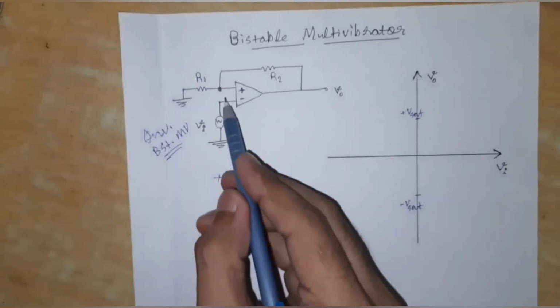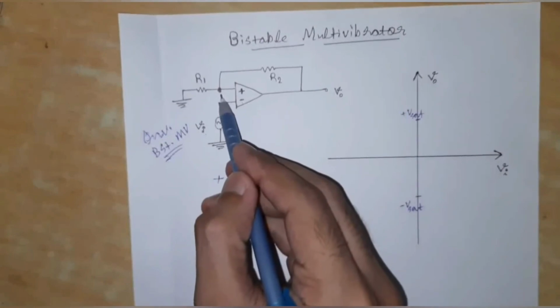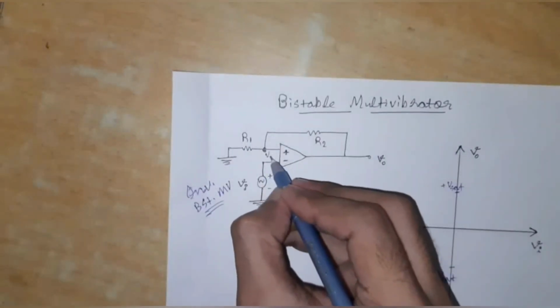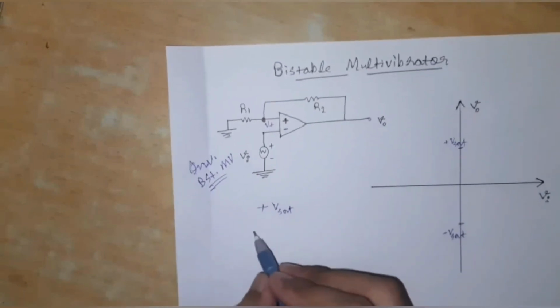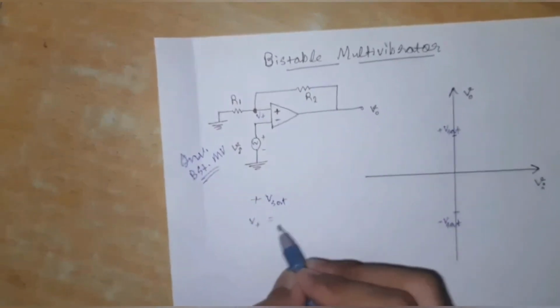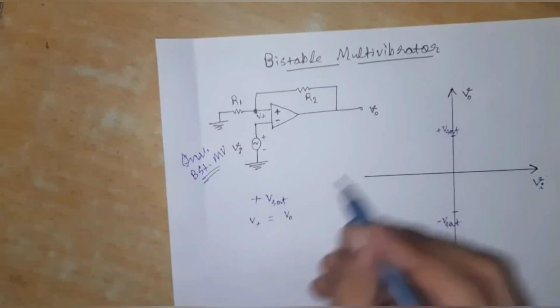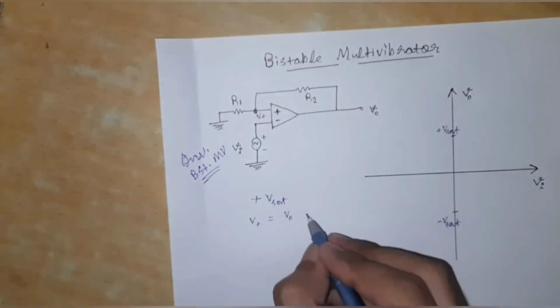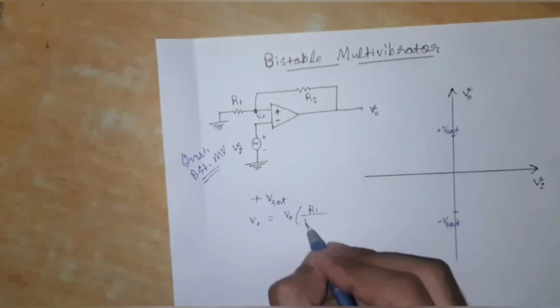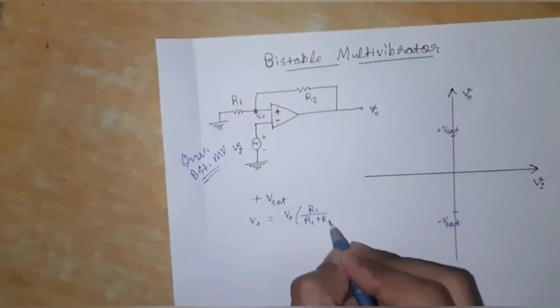Now we see that this voltage we shall mark as V plus, and this V plus would be given by V plus is equal to V0 into R1 upon R1 plus R2. This is by the voltage division rule.